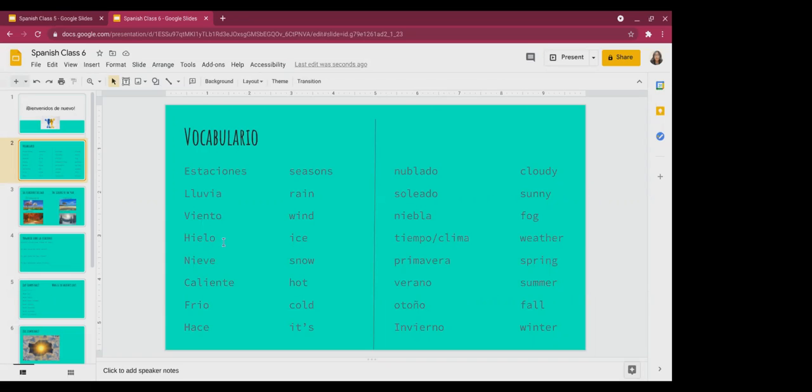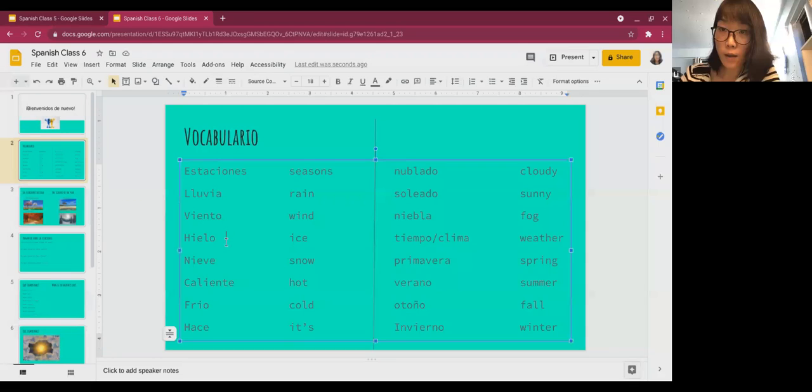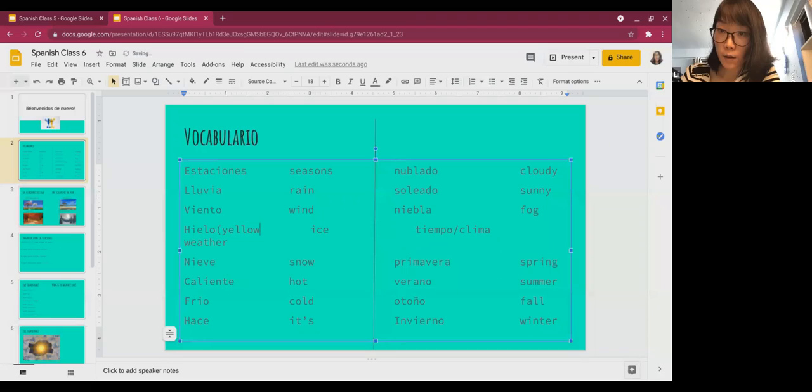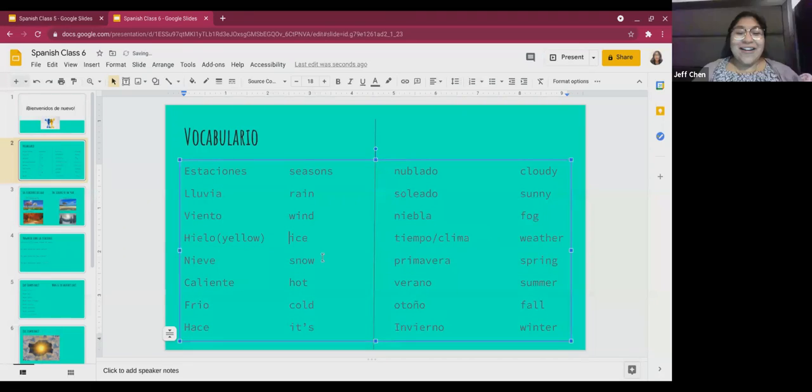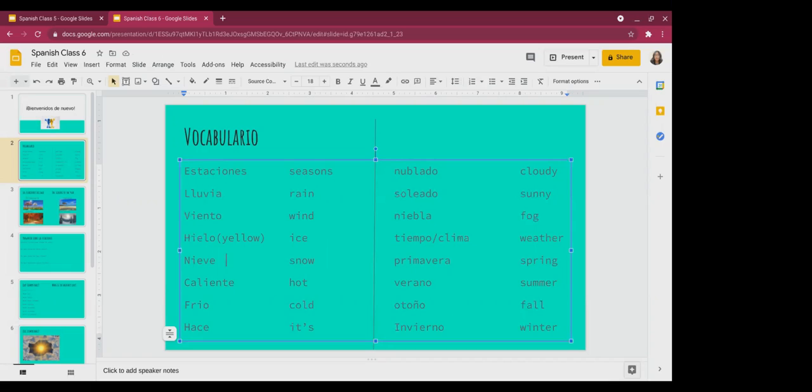Now the next one is hielo. It sounds like yellow, right? Which is ice. Now the next one is nieve, for snow.